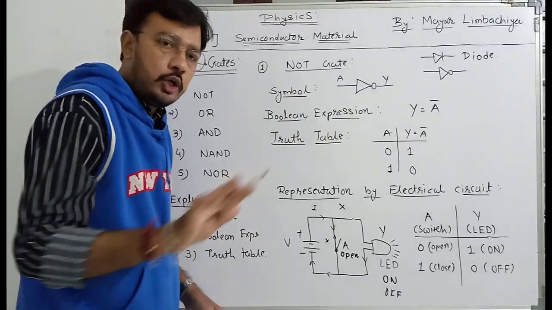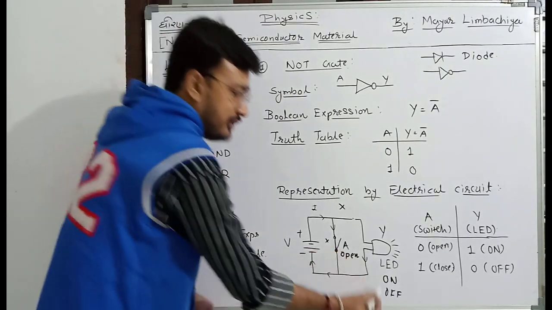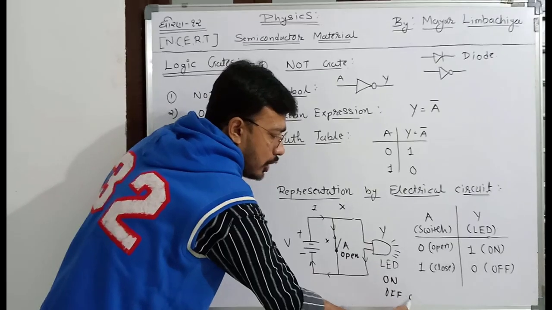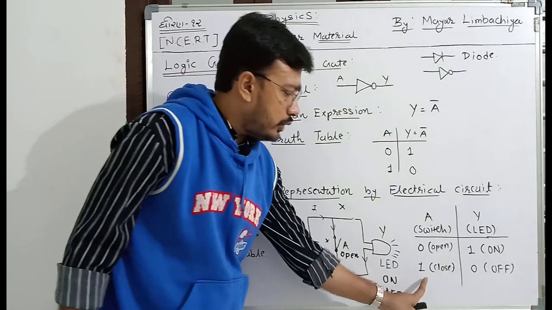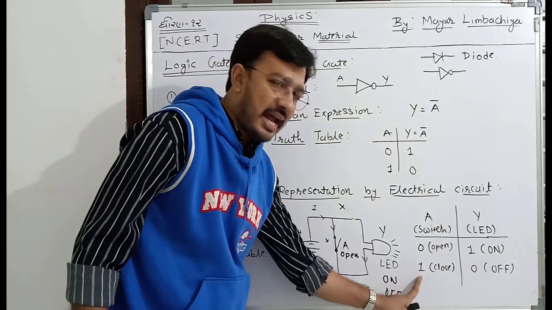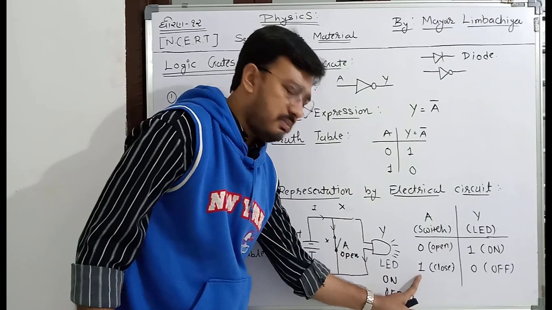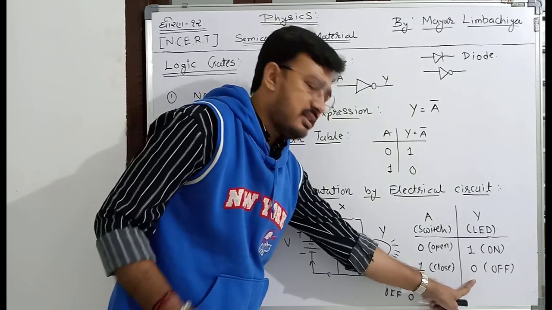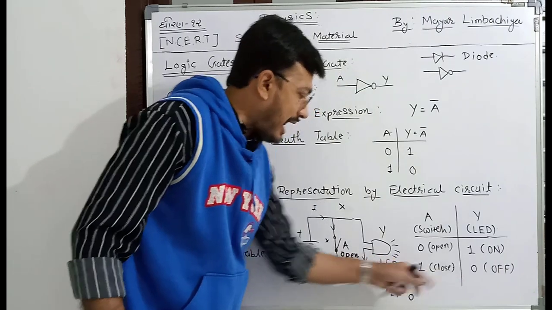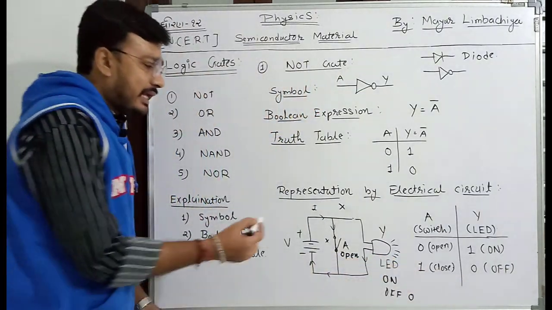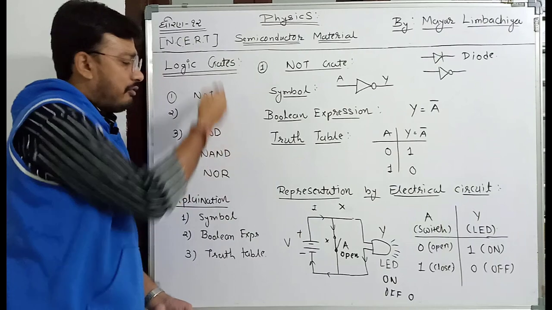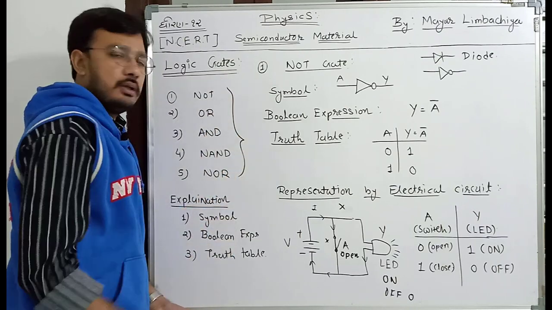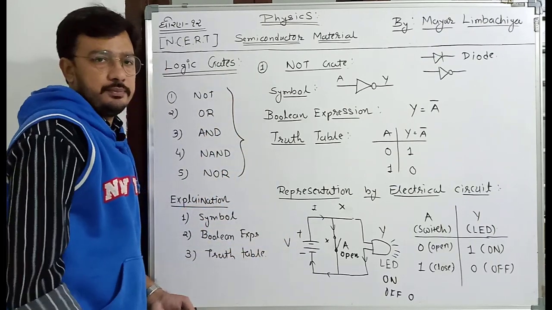It will not glow. If the LED is off, the output is 0. So when you close the switch, the input is 1 and the LED is off, so the output is 0.